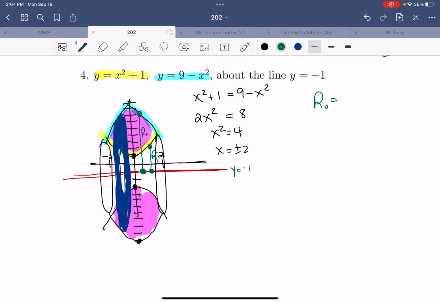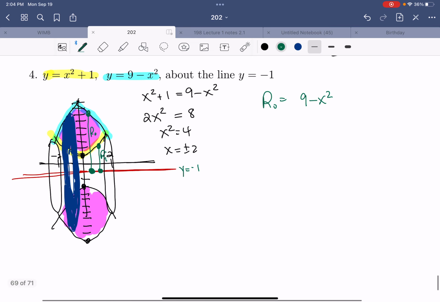Okay. So that means that RO is looking at the difference in those two curves. So the area between the top and the bottom. So the top is the blue one, which is the 9 minus x squared. And you're subtracting the bottom equation there, which is y equals -1. So minus a -1. I'm doing this slightly differently this time, in case you maybe like it this way.